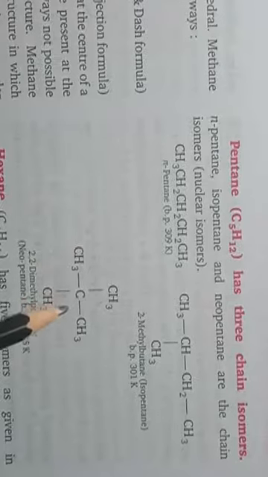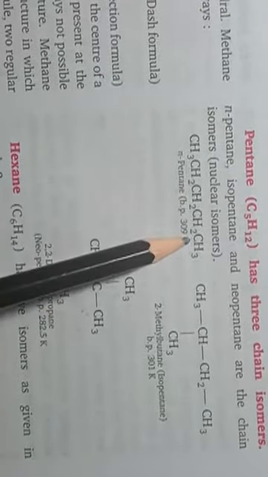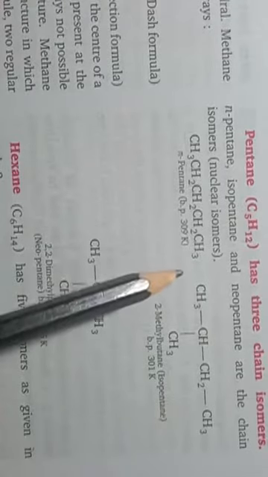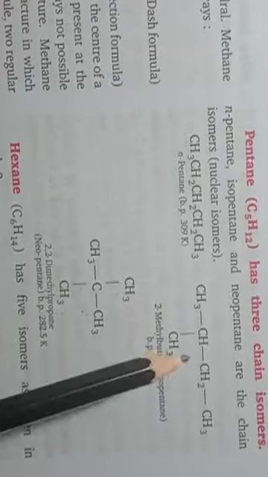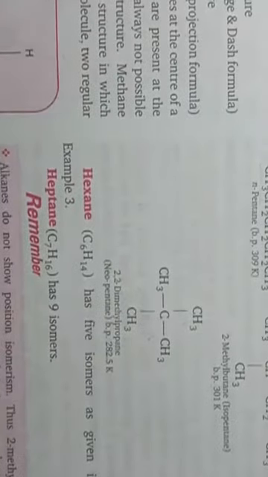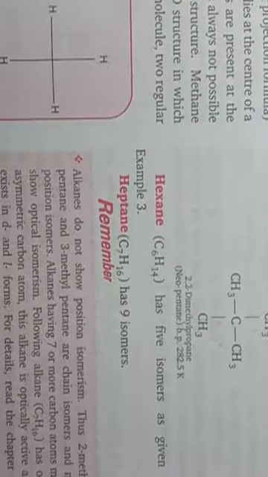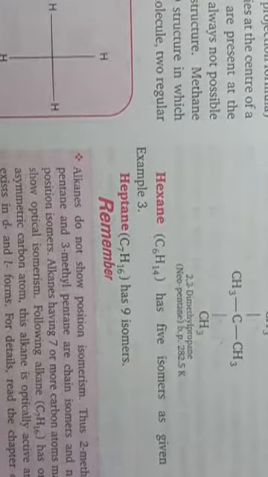Such structures are known as neo forms. Normal has a straight chain of carbon, a single chain. Iso has a side chain at the second carbon, and neo has 2 side chains at the same carbon. So these are the chain isomers of alkanes.